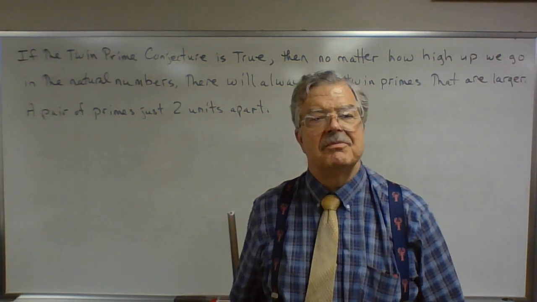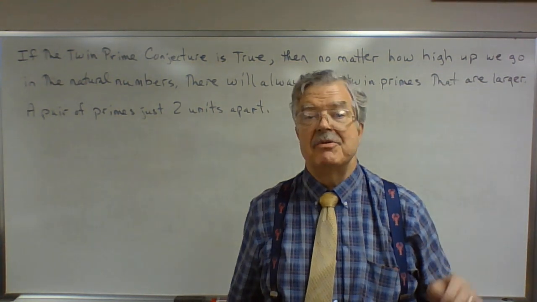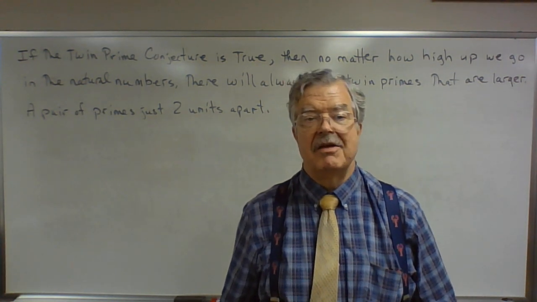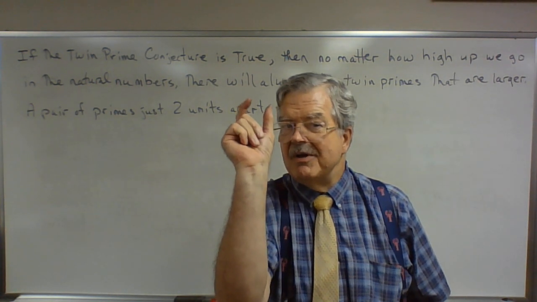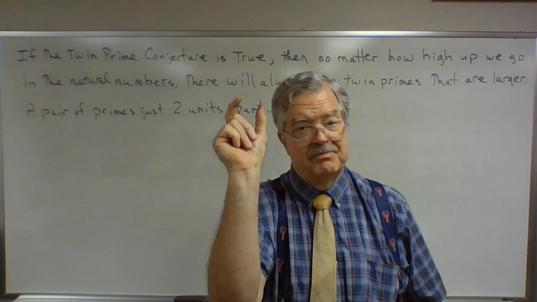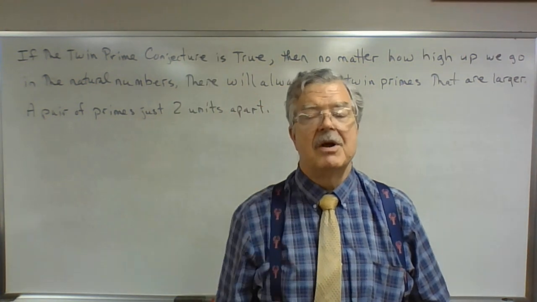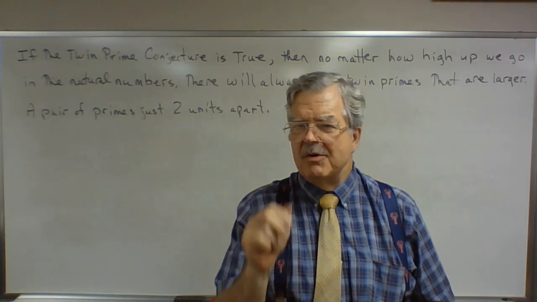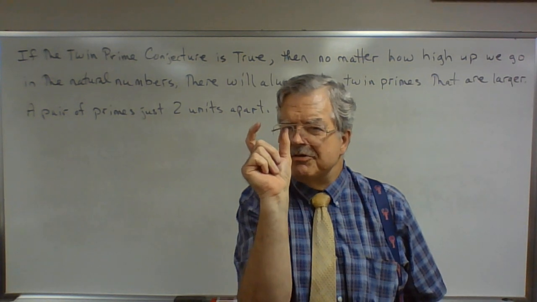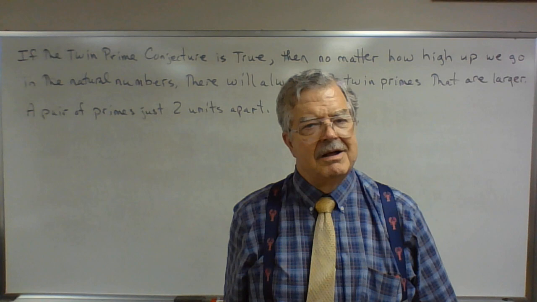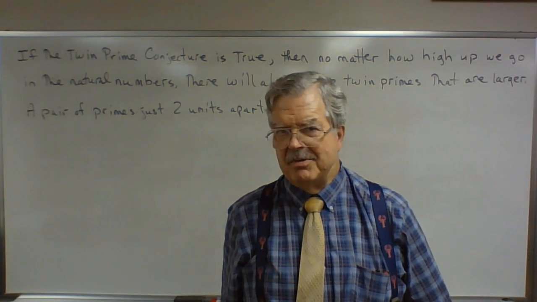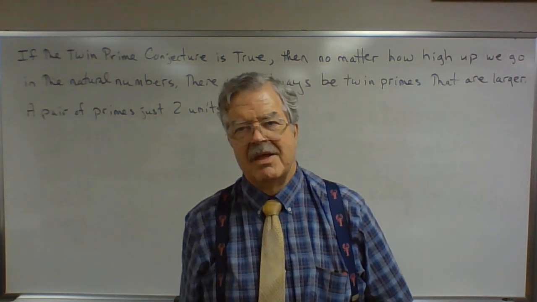Twin primes and prime numbers in general have to be fairly close together if it turns out to be true that we can always find a pair of twin primes, no matter how high up we go. We can always find 2 prime numbers just 2 units apart. And yet, the opposite is also true.